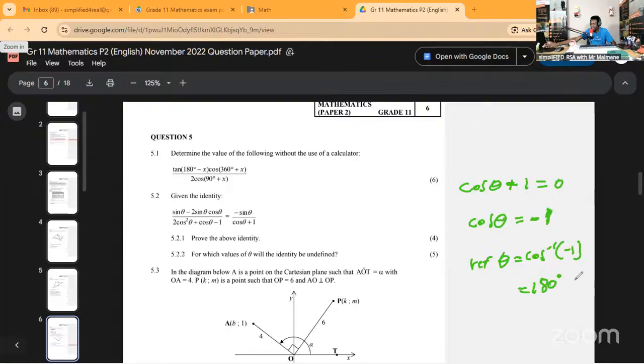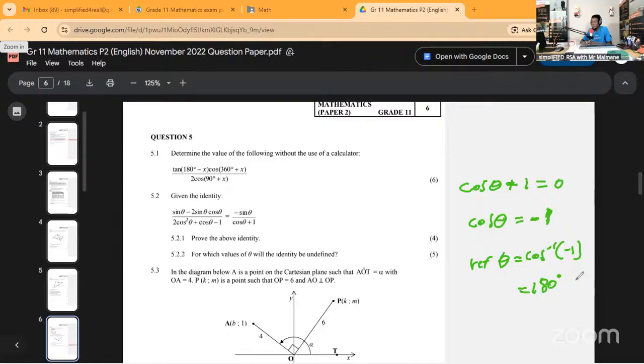Now, since we have the reference angle, is this our solution or not? If so, is that enough to give me the 5 marks? I think it would give me 3 marks probably.